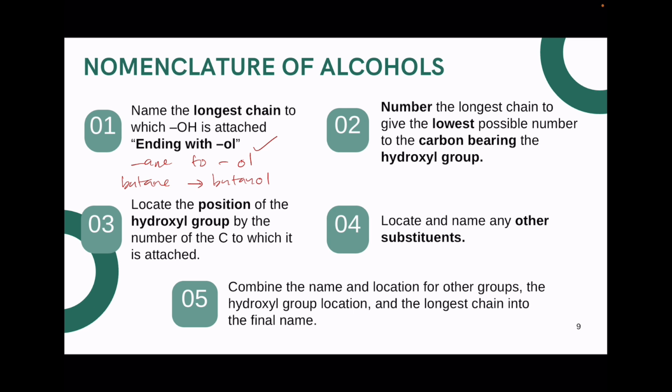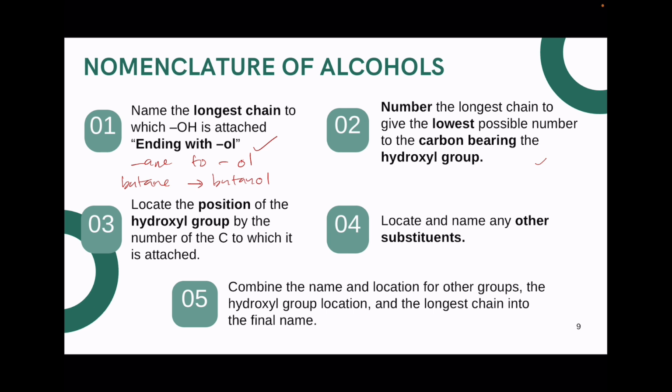And then number the chain to give the lowest possible number to the carbon bearing the hydroxyl group. You can start either from right, left, or from top to bottom. So you can try and error.